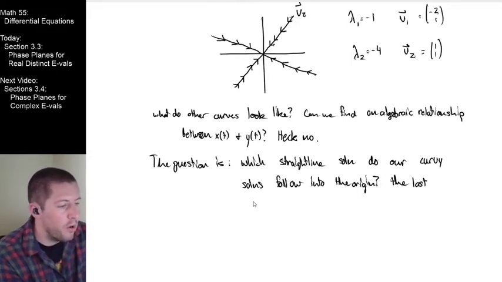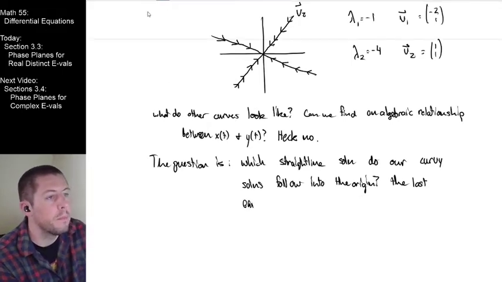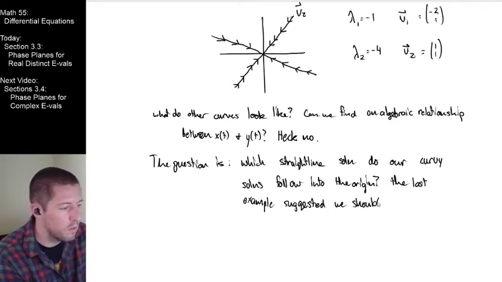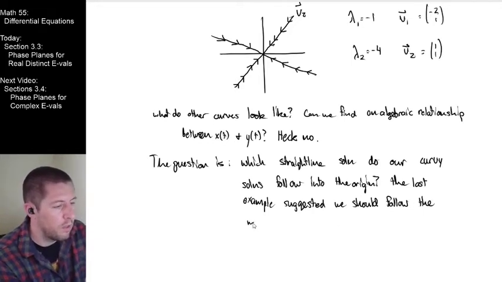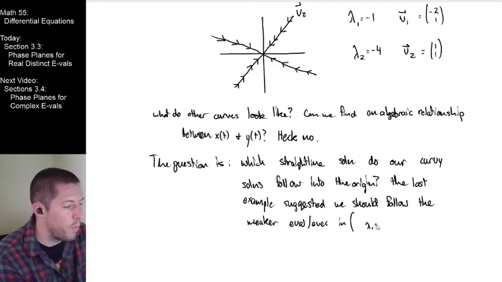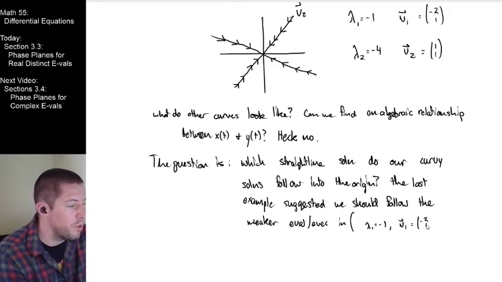The last example showed the weaker eigenvalue, eigenvector in, which in our case here would be lambda 1 equals negative 1, is the weaker of the two, and that would be associated with the vector (-2, 1).